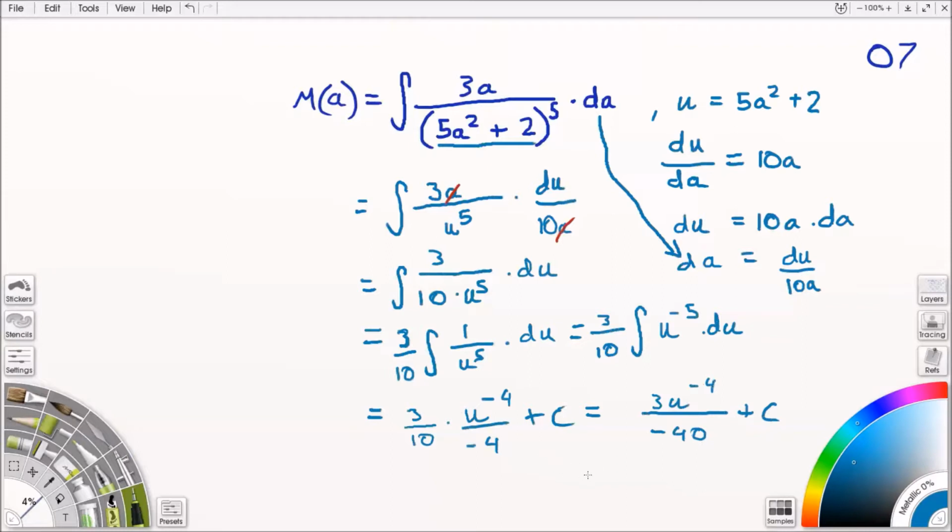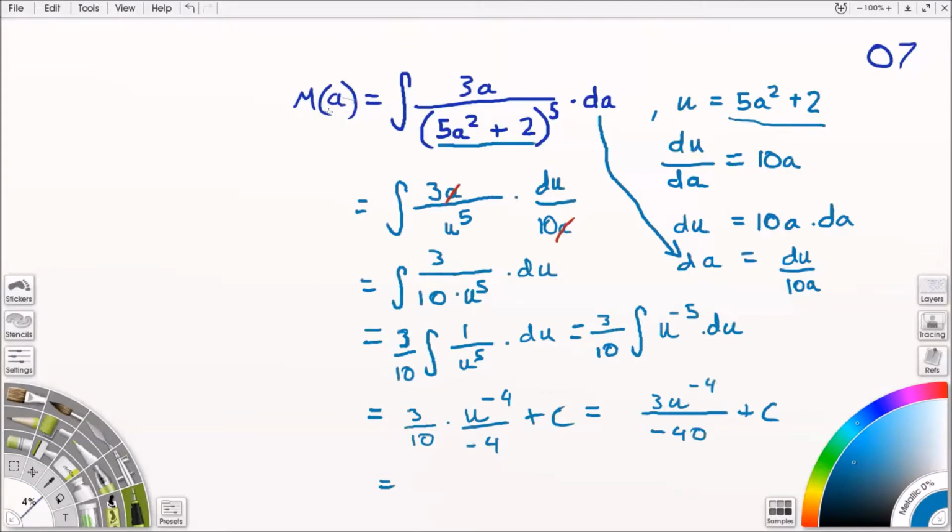I'm just going to quickly check something. 3 divided by -40. Yeah. So this all here. Now we just resubstitute this initial expression to get the final.